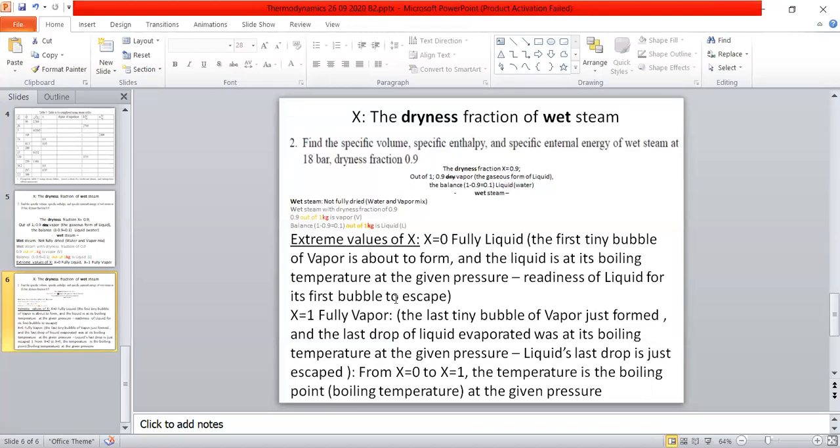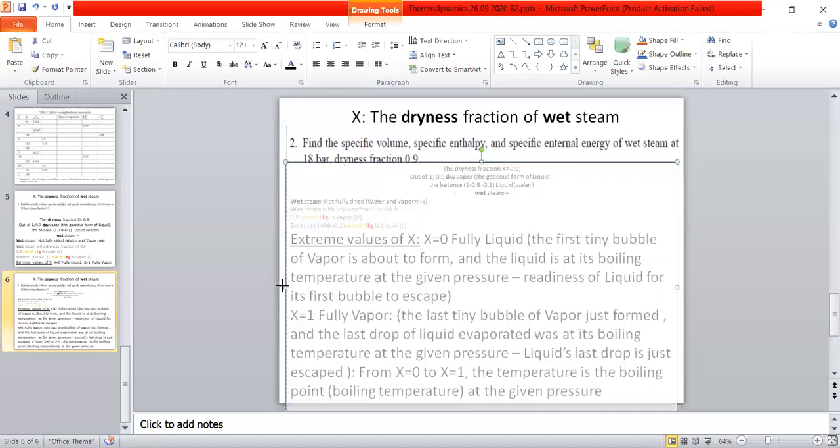Vapor is going to be fully dry and the last drop of liquid has just been added to the vapor phase. So two extremes, x equals 0, x equals 1. In between 0 and 1, you will see a real dryness fraction where liquid and vapor remain together.